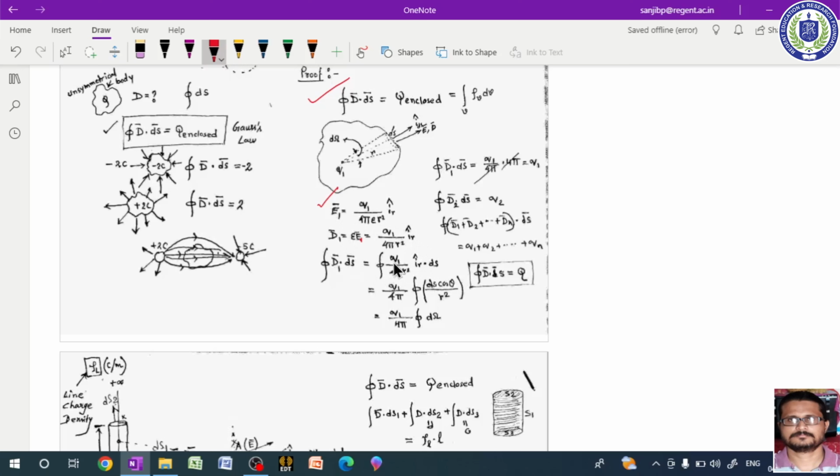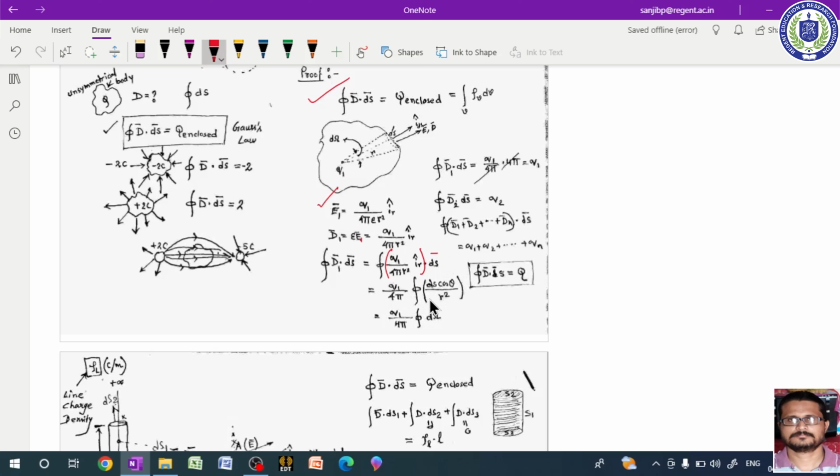So D1 is here, I have written next dot dS, so I have to give a bar. Now Q1 by 4 pi, these are common, you take outside these expressions, before the integration, as the constant part.